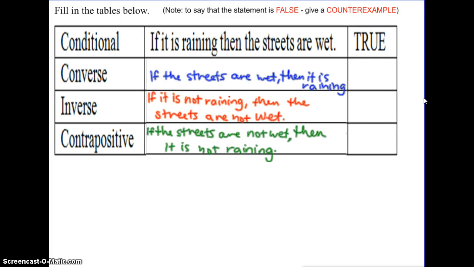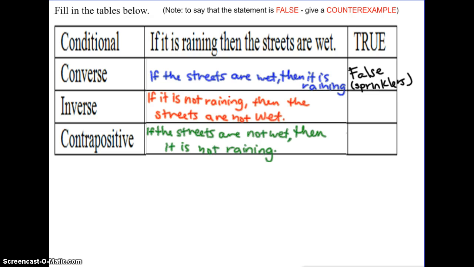So taking a look here, we need to determine if it's true or false. We're going to be using counterexamples similar to what we did in inductive reasoning. So for the converse statement, if the streets are wet, then it is raining, I would say that this is actually going to be false. And the reason for this is what if there's sprinklers on, right? Could the road be wet for any other reasons besides rain? Yes, sprinklers, maybe a water pipe burst, all kinds of reasons, okay?